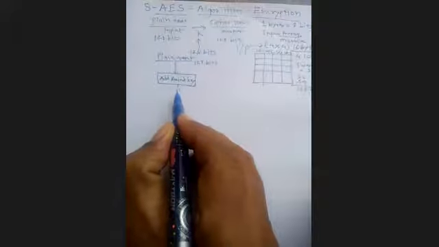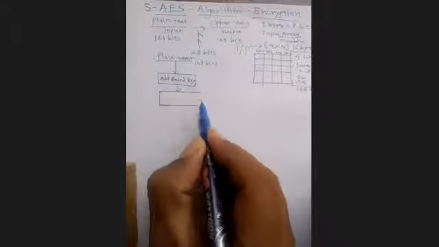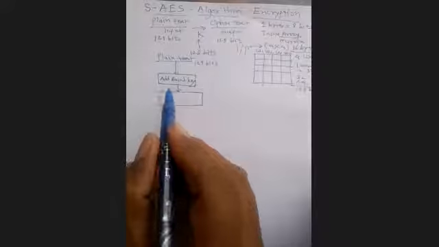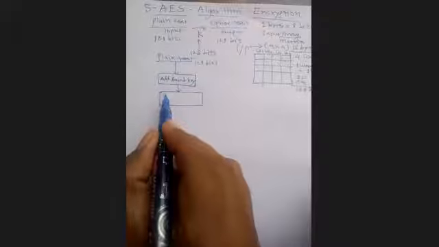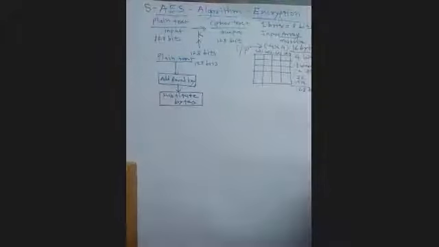Once you have done this add round key, the next block comes, the next event. That event is called substitute bytes. This is the event after add round key.